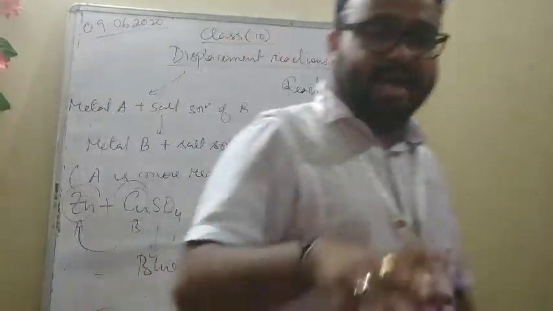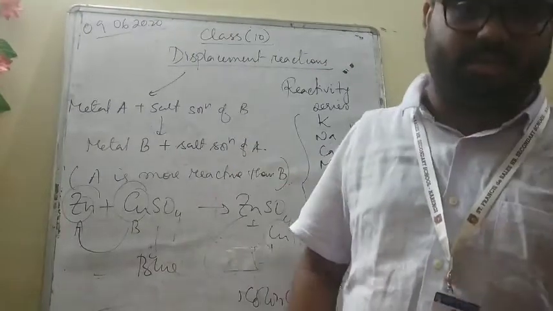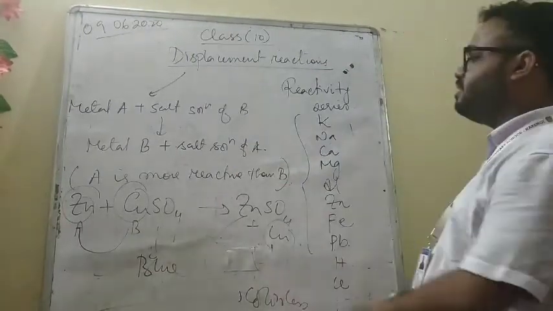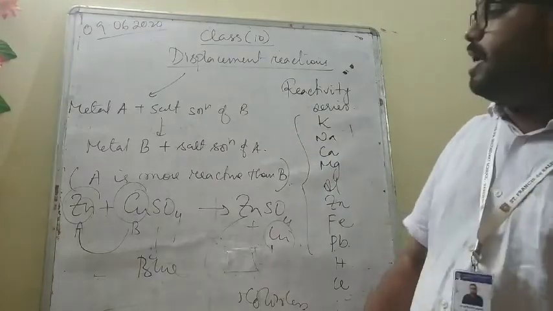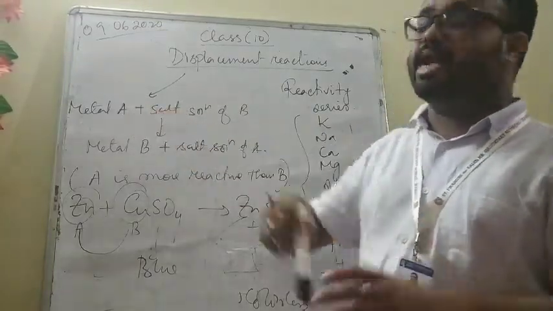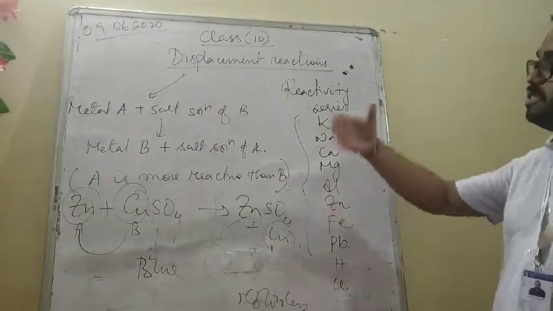This is the basic idea of displacement reaction. Displacement reaction means it displaces one metal from another metal, provided this metal is highly reactive. So zinc can displace copper, but copper cannot displace zinc.